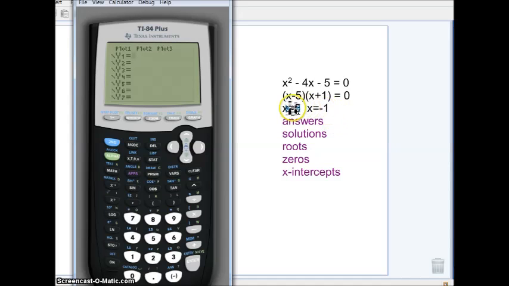So x equals 5, x equals -1 is the solution, which is done by factoring. We have factoring. If you forgot, it's in unit 3. You can go back and see how you can solve quadratic equations using factoring.